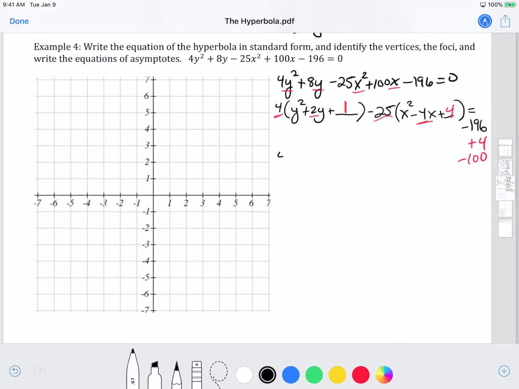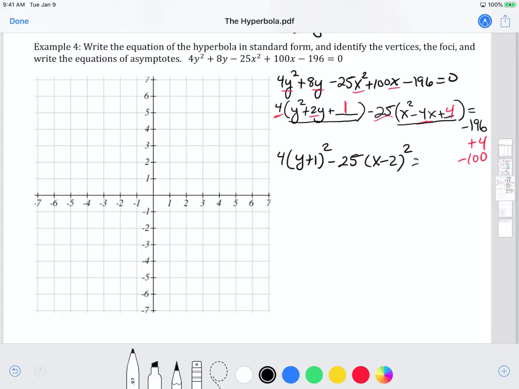So now, when I factor y squared plus 2y plus 1, I get y plus 1 squared. When I factor x squared minus 4x plus 4, that gives me x minus 2 squared.